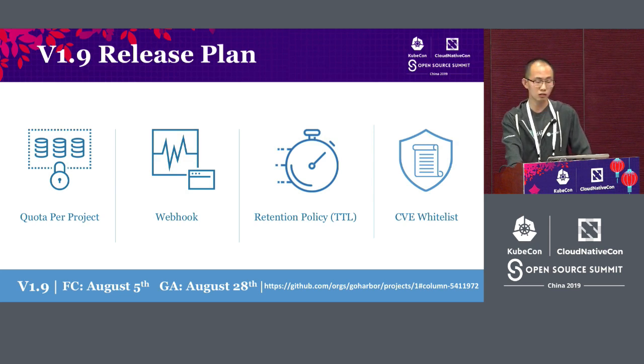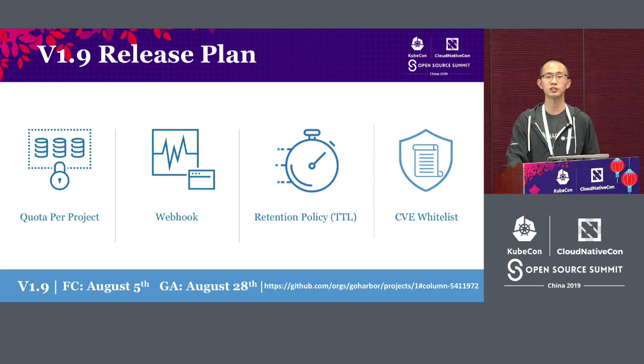Third is retention policy. When Harbor is integrated with the CI/CD, every day they will generate a lot of images, and a lot of images will not be used in the future, but they tie up a lot of storage resources. So we are thinking, is there an automatic way to remove unused images?